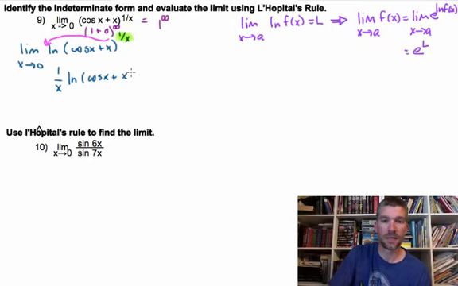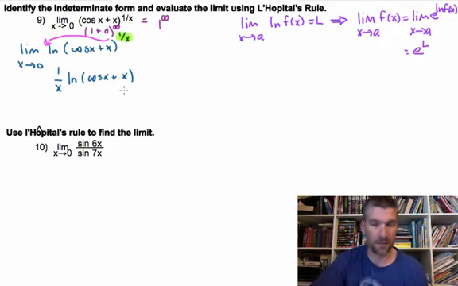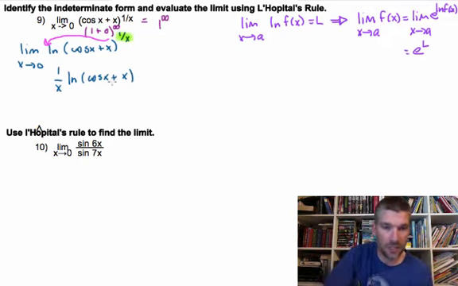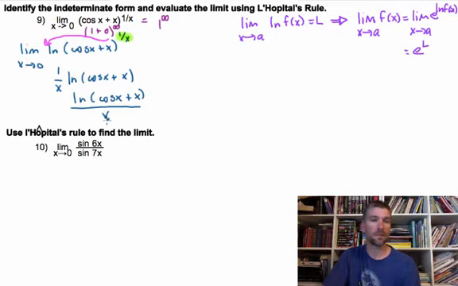Now we can start looking at some different things here. I can change this just a little bit, where I have the natural log of cosine x plus x over x. Now, is it possible for me to use something else?